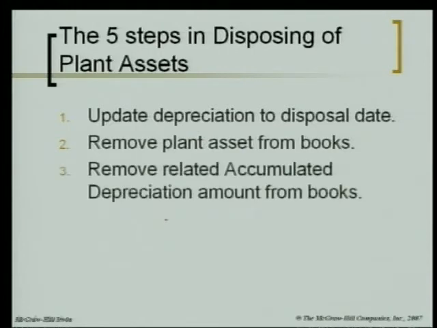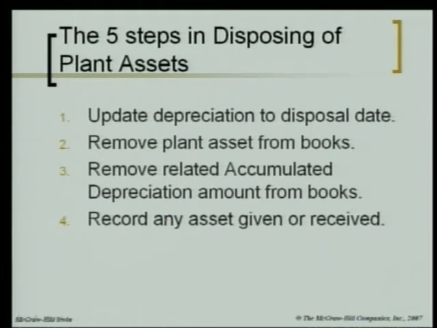The second thing you're going to do is remove the accumulated depreciation from the books. What type of account is accumulated depreciation? Contra asset with a debit or credit balance? Credit. So to take it off the books, what do you have to do? You have to debit it.